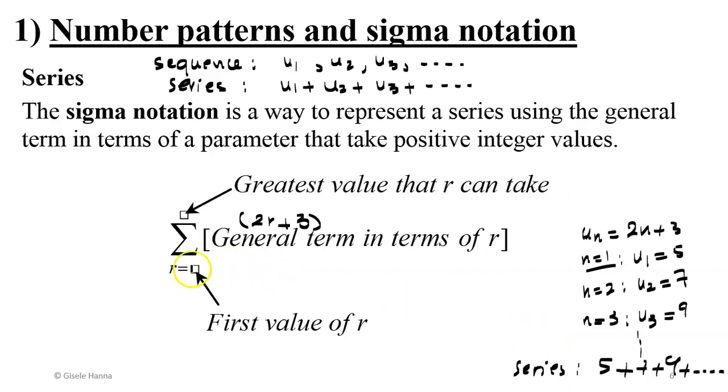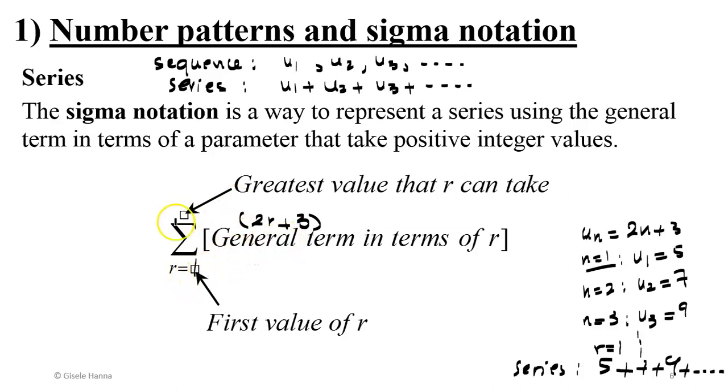The first value of r corresponds to r equals 1, where I have the first term of the sequence, and I'm starting my sum there. So here it would start from r equals 1.